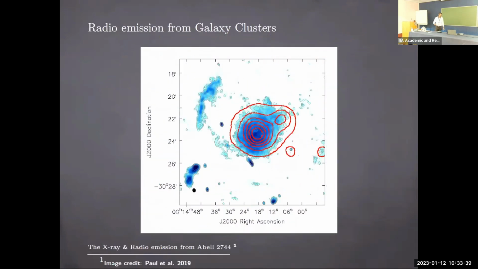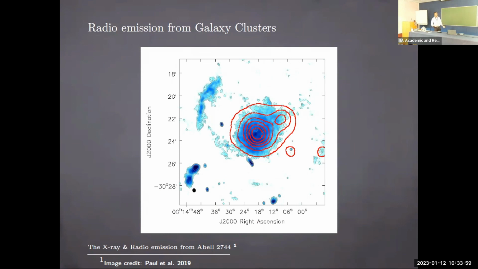For a long time, many galaxy clusters have been observed in the radio band, typically from 150 megahertz to 2.5 gigahertz, and many different radio structures have been observed. As earlier talks already described, there are radio halos and radio relic-like structures.